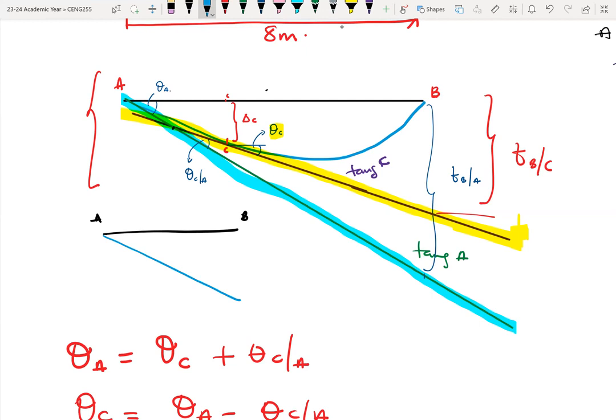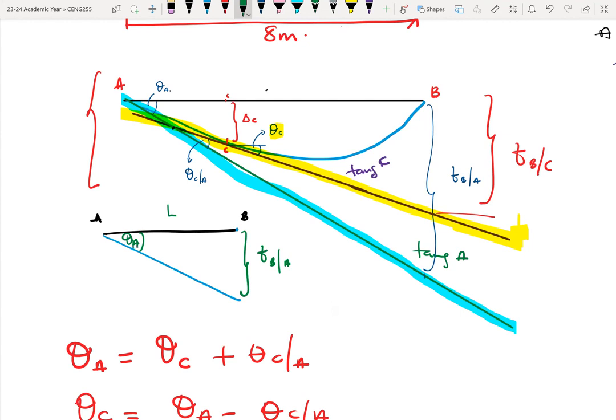Which means that the point at B will still be where it is on the elastic curve. I can find this distance, this vertical deviation, which is TBA. So if I find TBA, and I know the length of the line, I can use geometry to find theta A. Right? This becomes a right angle triangle problem. So I can find theta A.